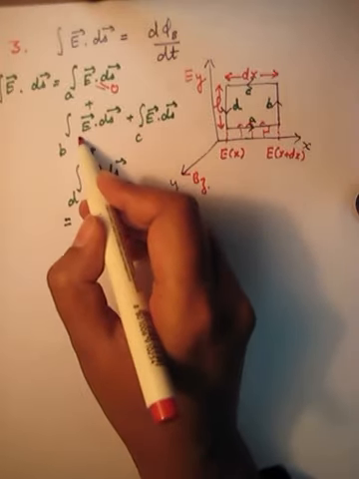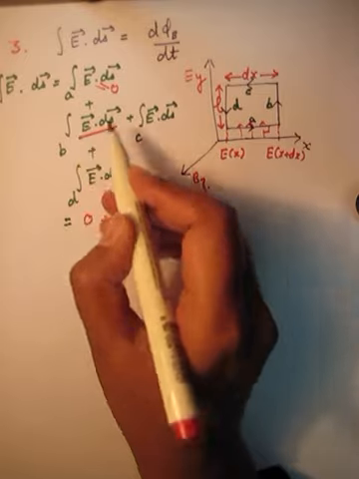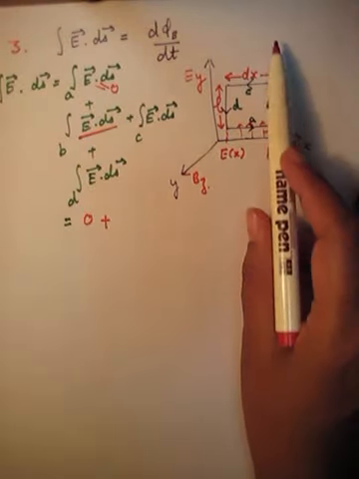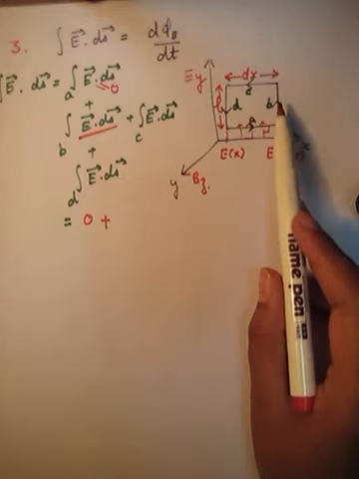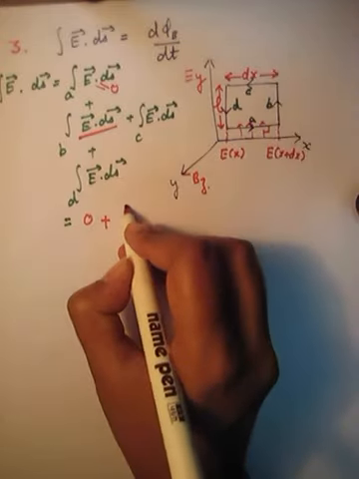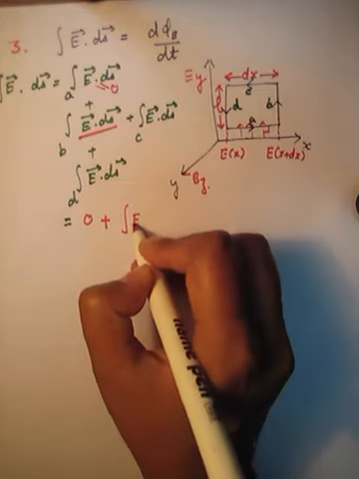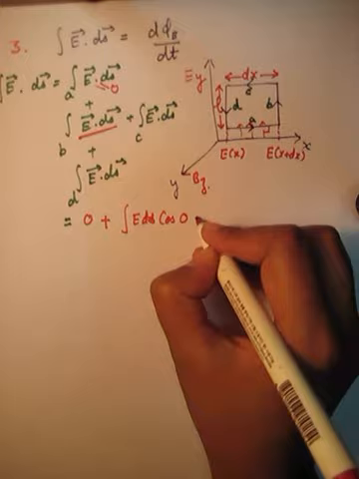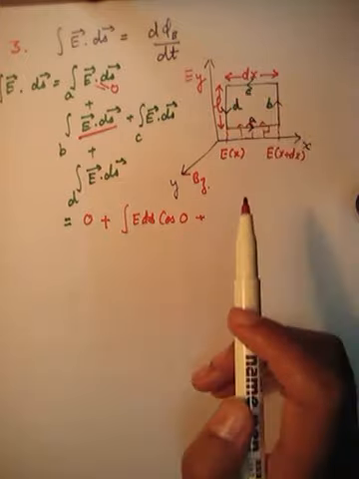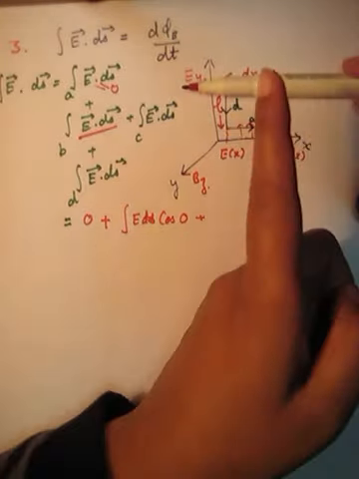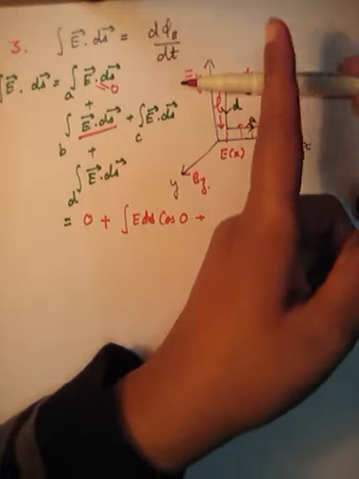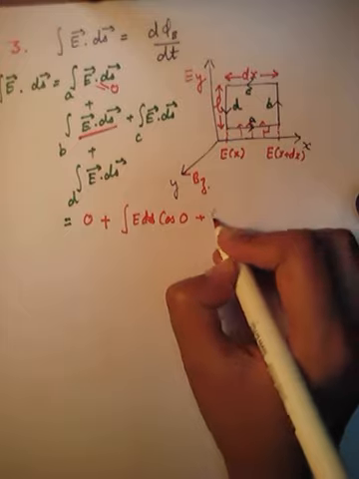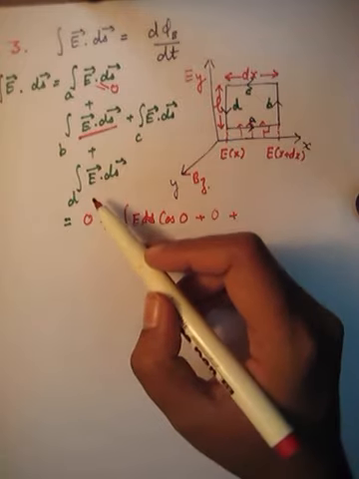Now over B, the electric field is along the y-axis, displacement is also along the y-axis, so it will be E ds cosine of 0, plus over C it will be 0, because the length is along this axis and the electric field is along the y-axis, so they are perpendicular to each other, so it will be 0 plus the integral over D.